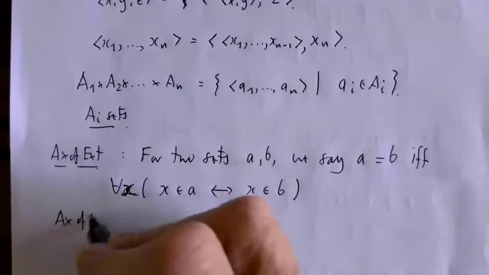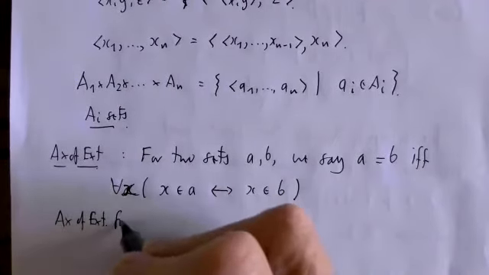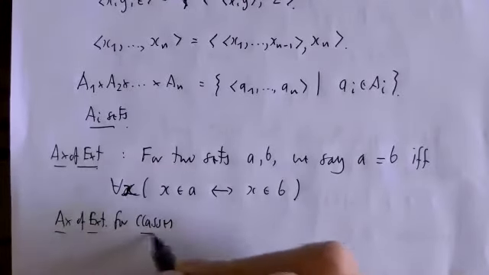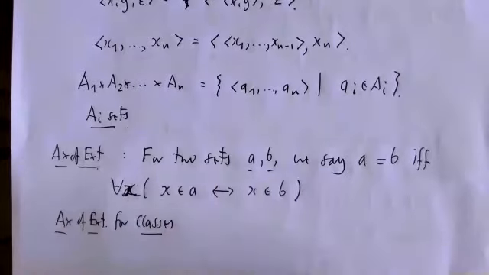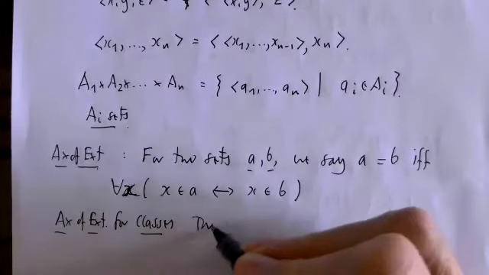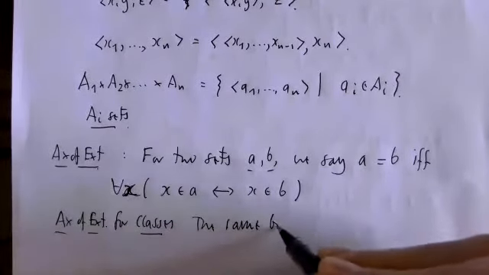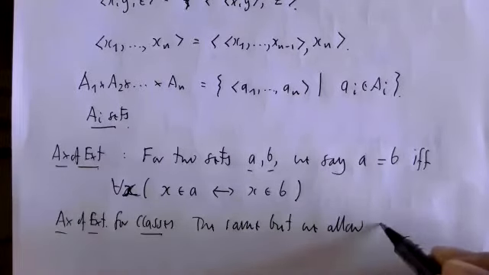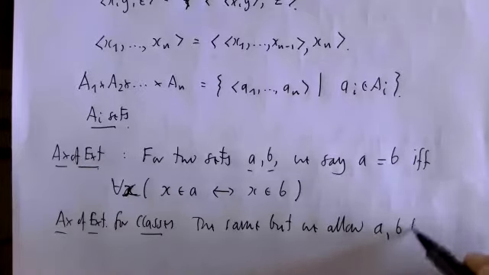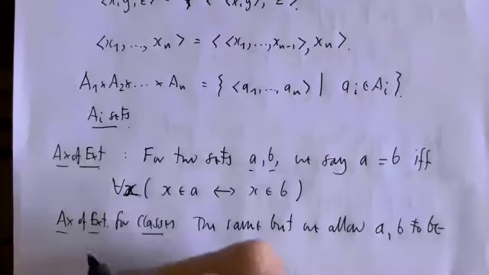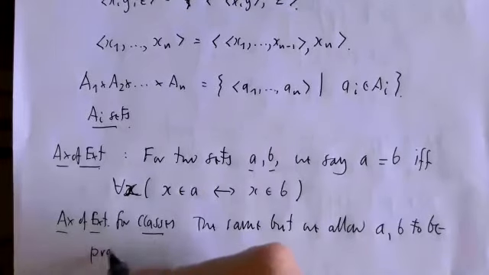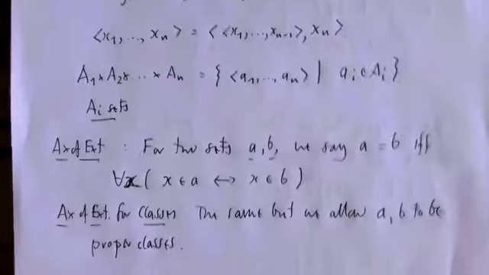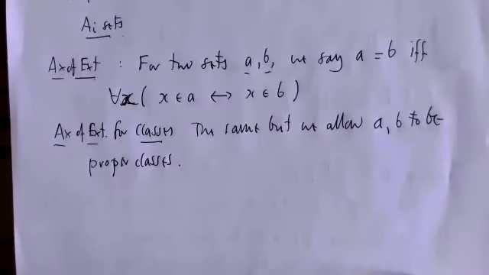So there's also an axiom of extensionality for classes. It's exactly the same, except we allow A and B to be classes. And we saw that there were proper classes. More of that in a moment.